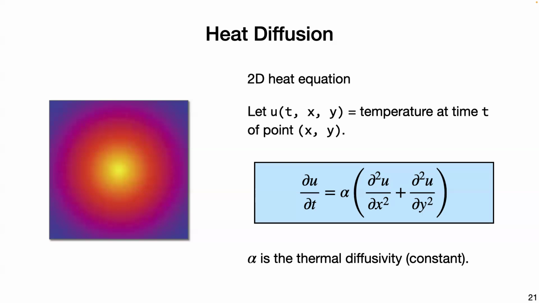At the beginning of time, you start with one hot point, and then over time the other areas become hot and they become less hot depending on their distance. The areas farther away are less hot than the areas closer to the source. And you have some alpha, which is this constant for diffusion.